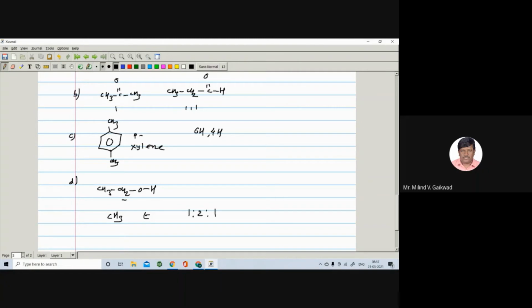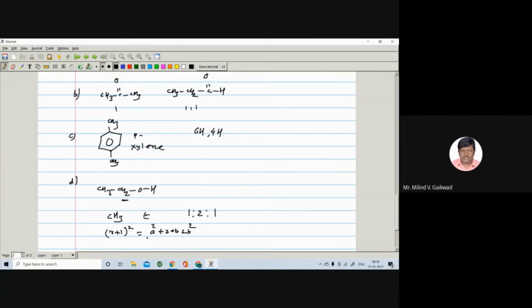Because the nearer carbon contains 2 hydrogens, so it undergoes splitting n plus 1, where n is the number of nearer protons. The intensity of the peaks is in the ratio of (a plus b) to the power 2, which equals a squared plus 2ab plus b squared according to Pascal's triangle.